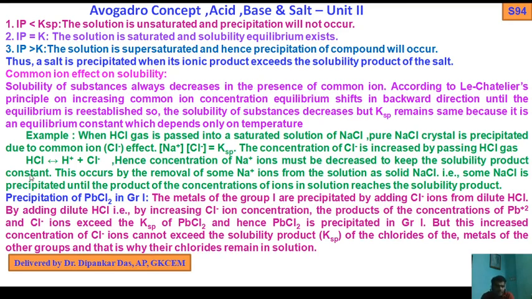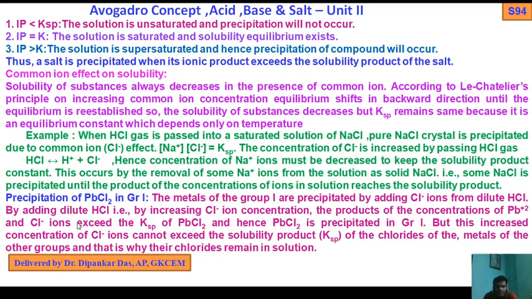Solubility always decreases in the presence of common ions; you should remember. Now, precipitation of PbCl2 in group 1. The metals of group 1 are precipitated by adding Cl- ions from dilute HCl. By increasing Cl- concentration, the product of the concentrations of Pb2+ and Cl- exceeds the Ksp of PbCl2, and hence PbCl2 is precipitated in group 1.